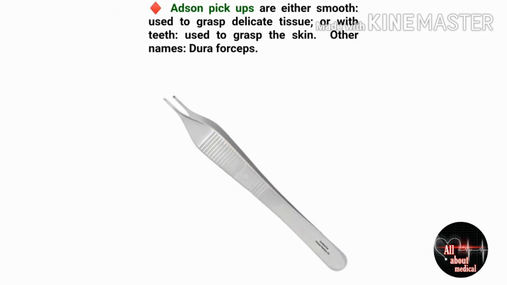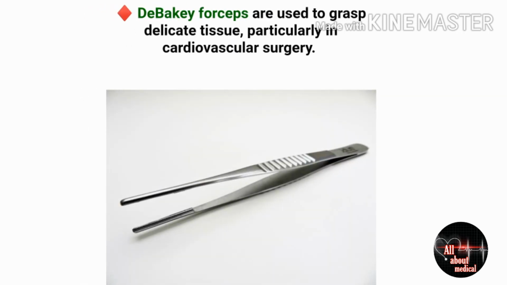And now come to our next beautiful instrument, which is Adson pickups. They are either smooth, used to grasp delicate tissue, or with teeth. It is also used to grasp the skin, and its other name is dura forceps. So this is the image of DeBakey forceps, which is used to grasp delicate tissue, and particularly in cardiovascular surgery.